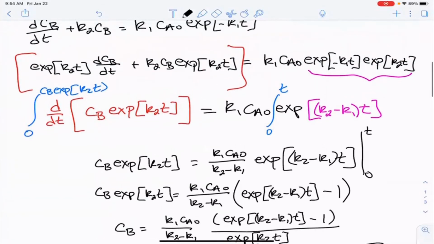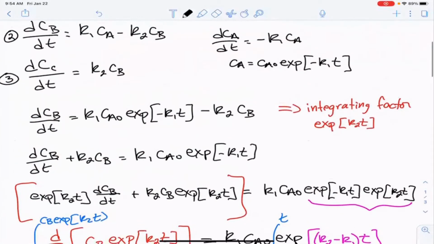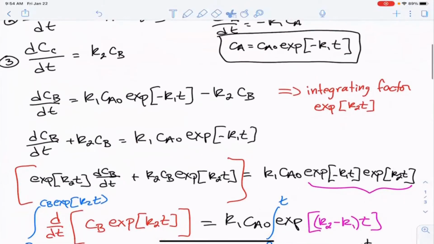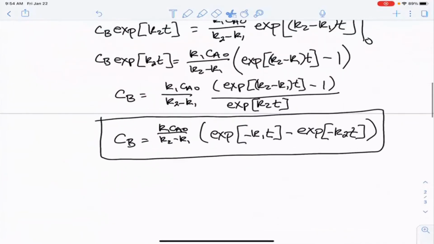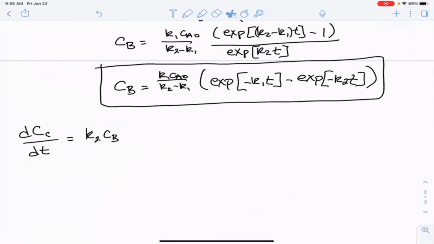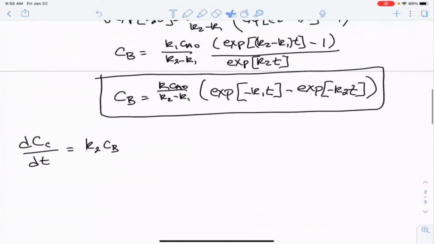Now, from what we've done above, we have an equation for the concentration of A and the concentration of B. The one that's missing is solving for the concentration of C versus time. And we know that's just k2 times CB.